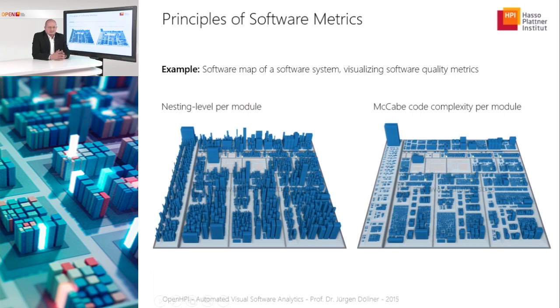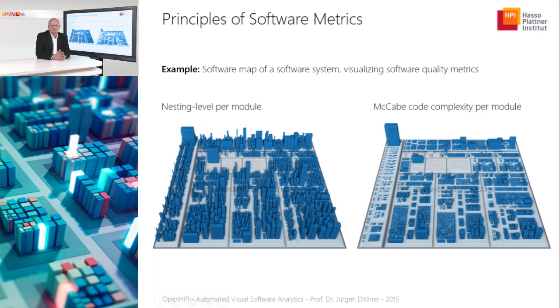What we see is that metrics allow us to get an overview of certain aspects of the systems. For example, we can identify a module in the upper left corner that shows a high nesting level, and in the other map we see the same module having a high McCabe code complexity.